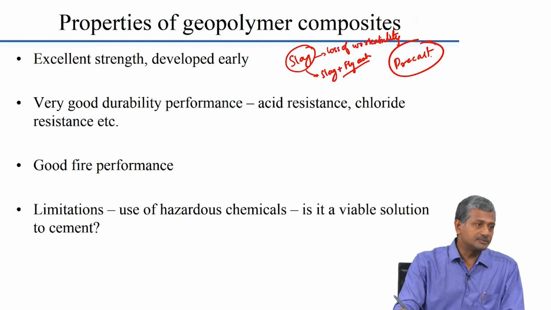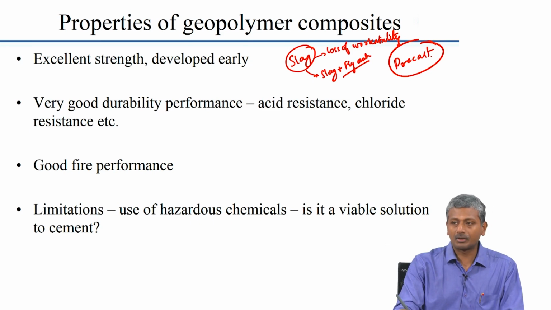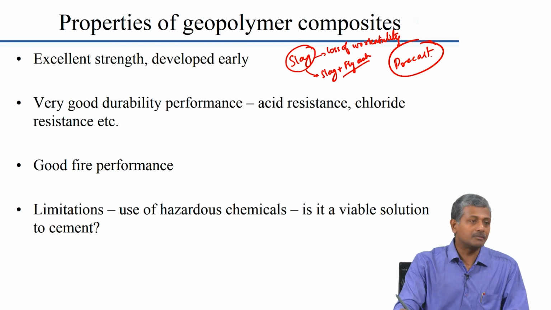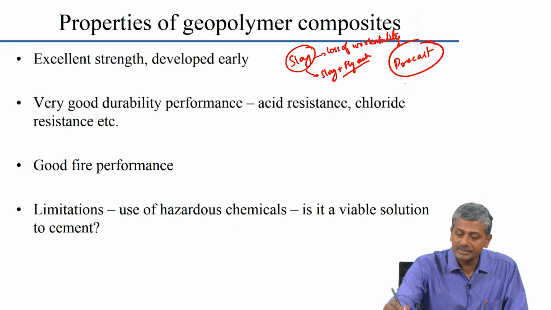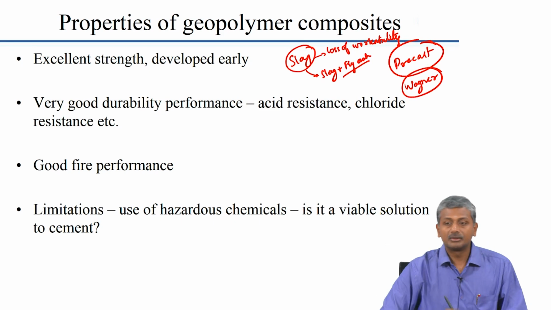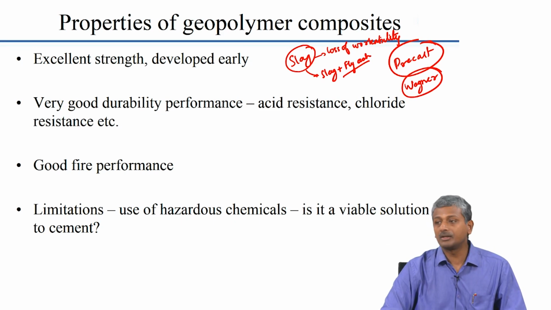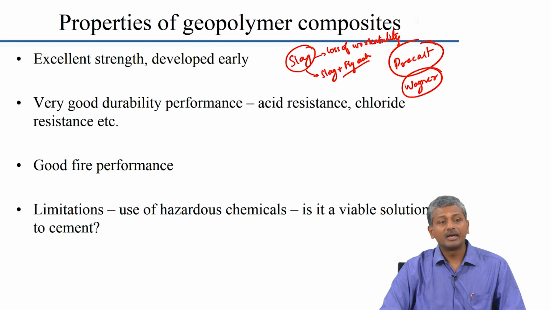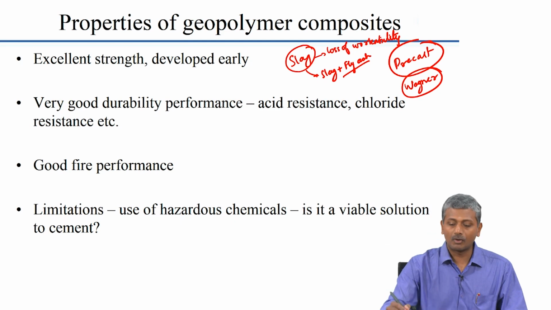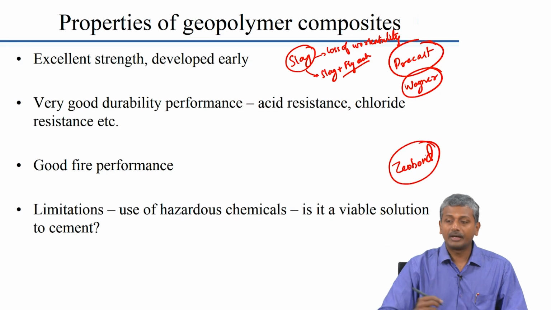In Australia, they have actually done some on-site applications with geopolymeric concrete. Again, a mixture of slag and fly ash, alkali activated slag plus geopolymeric fly ash systems. This is a company called Wagners, which does a lot of construction with geopolymeric materials in Australia. In fact, there was also a company that was formed called Zeobond, and this company manufactures geopolymer cement.